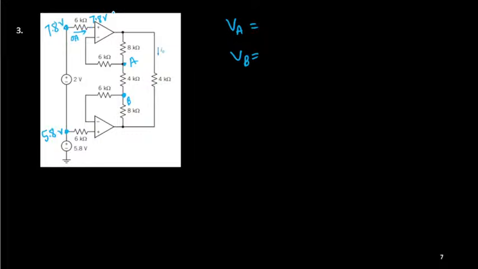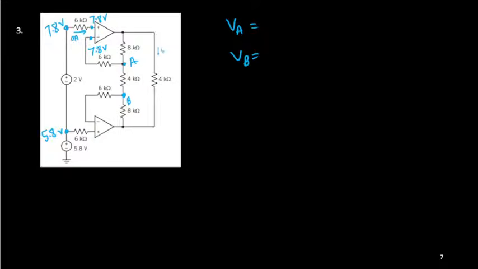We are assuming that the op-amp is ideal. And there is a negative feedback here through this path. As there is negative feedback, we can expect that the output is finite. And if the output is finite, these two potentials will be the same. So this potential is again 7.8 volt.